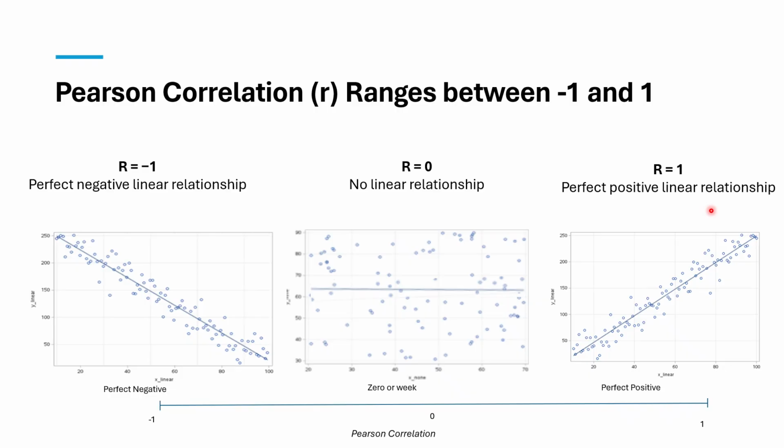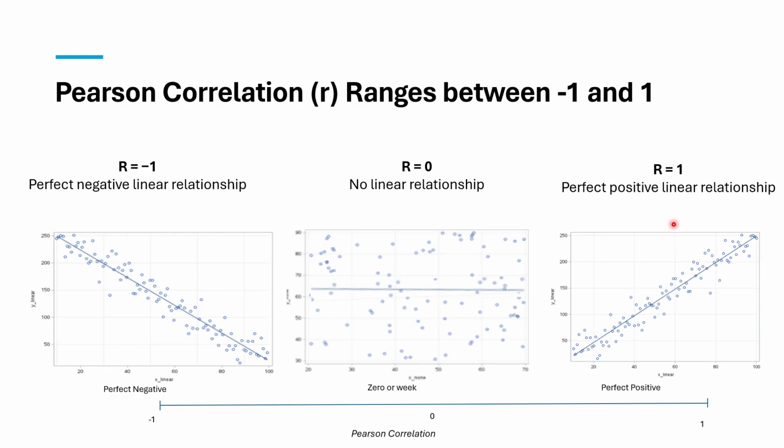And if each unit increase in the exposure of our interest leads to an exact 1 unit increase in our outcome, we will have a perfect positive relationship. For example, maybe with each unit increase in cholesterol level, there is a 1 unit increase in systolic blood pressure.